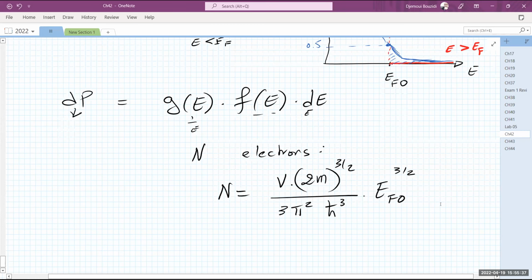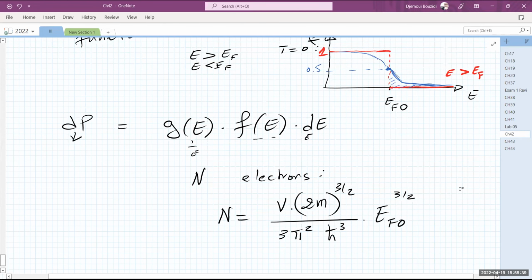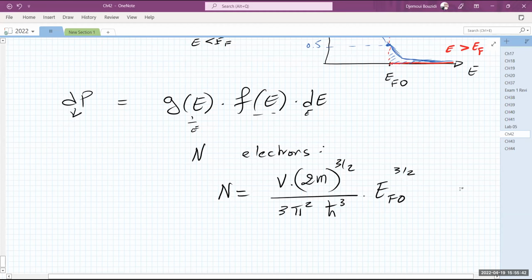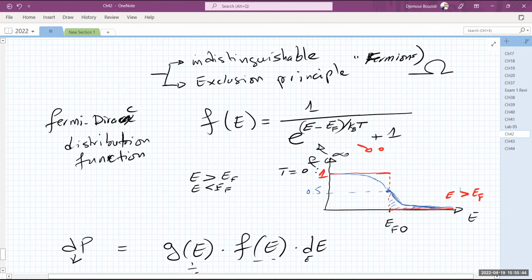Okay, so this is the expression that I end up with for the Fermi energy level at 0 Kelvin.